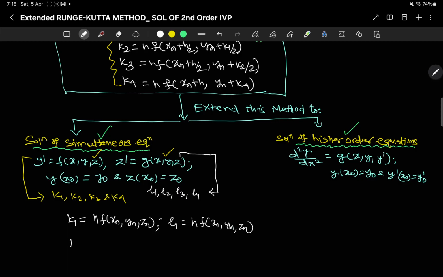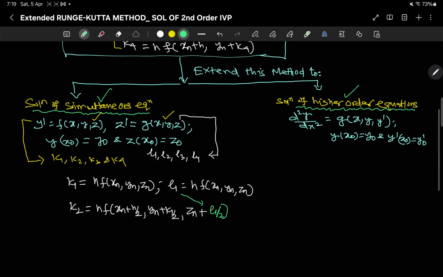Then you find k2 = h f(xn + h/2, yn + k1/2, zn + L1/2). So these two are interrelated, because we substitute this here, so combinedly we are solving.